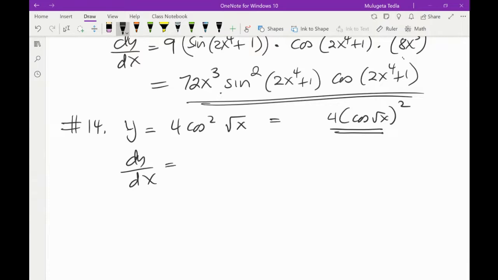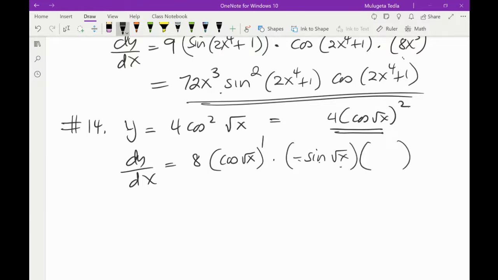So, okay, apply the power rule: bring the 2 up front, 8, write the base, cos root x, reduce the exponent by 1, times the derivative of the base, which is minus sine root x. You don't touch that until you finish this. Minus sine of the angle times the derivative of the angle itself.